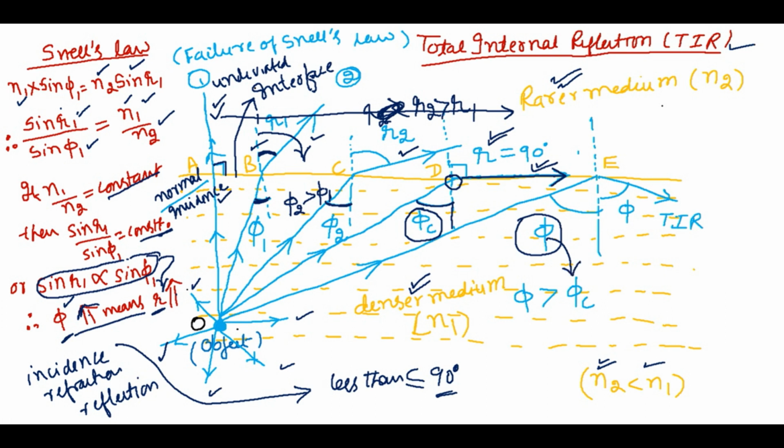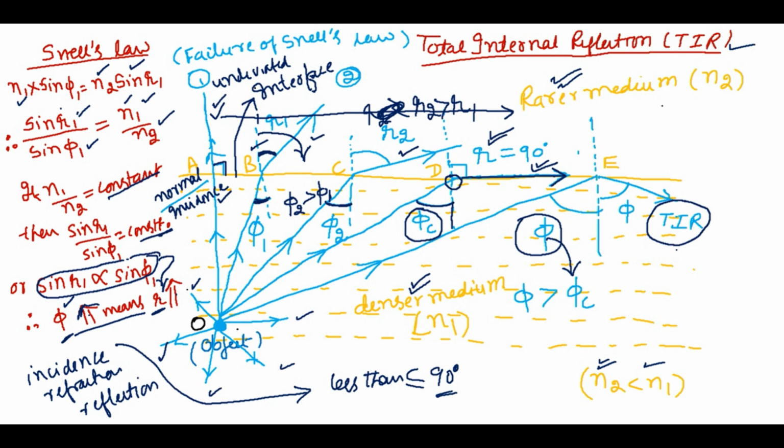So in such a way, the ray of light has to bend further. When it bends further, after striking the point E, it will be traveling back in the denser medium. It will not go into the rarer medium.